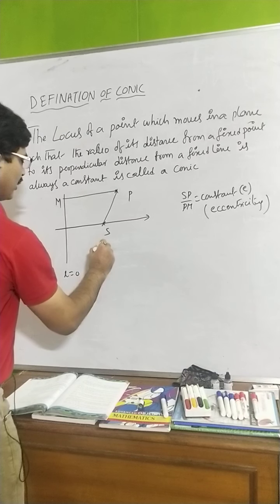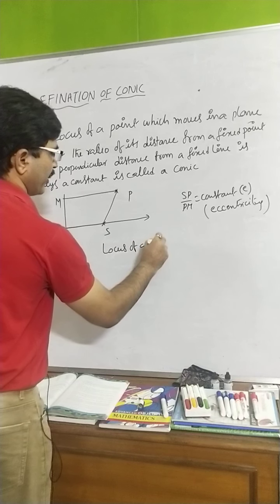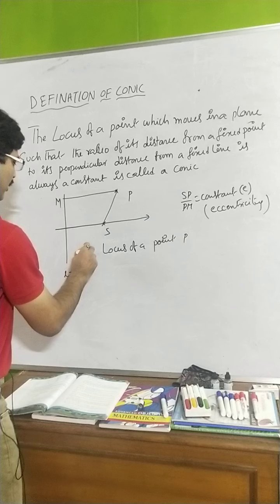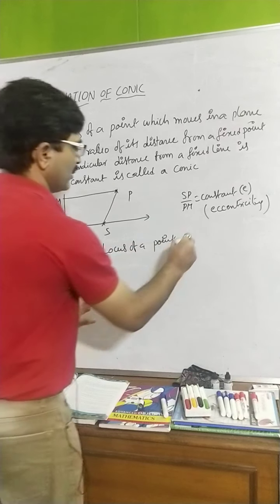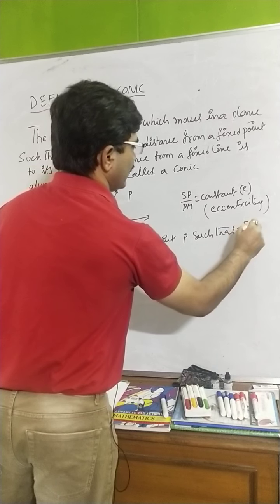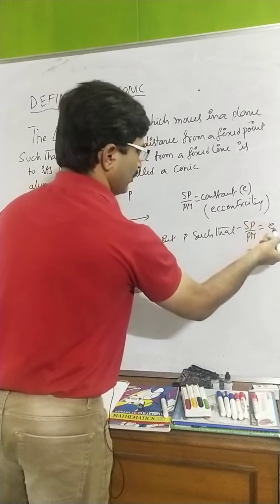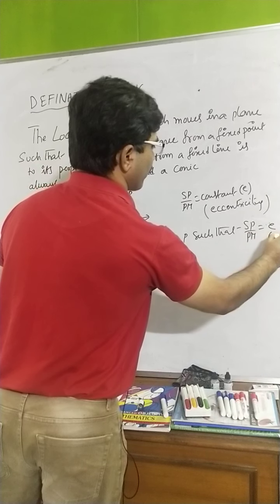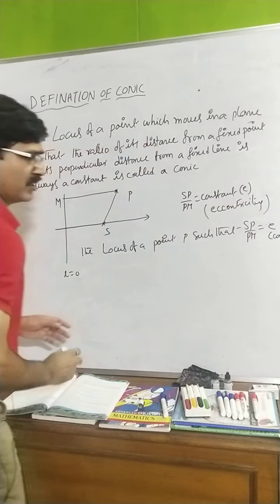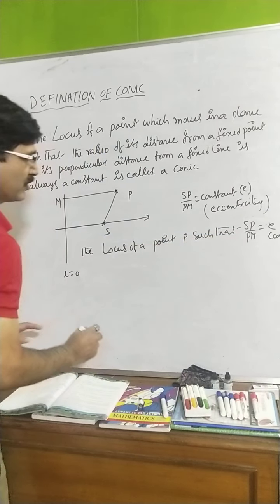You see here, the locus of a point P such that SP by PM is equal to E. You can say that constant, I said it to you, that eccentricity. The locus of the point P such that SP by PM is equal to what?